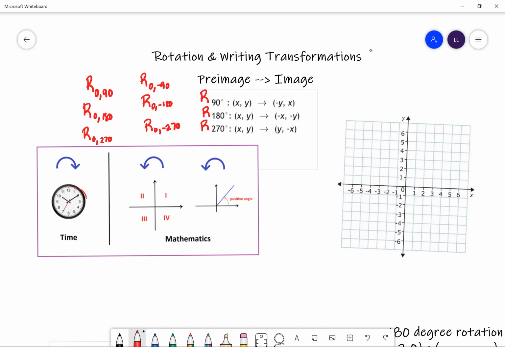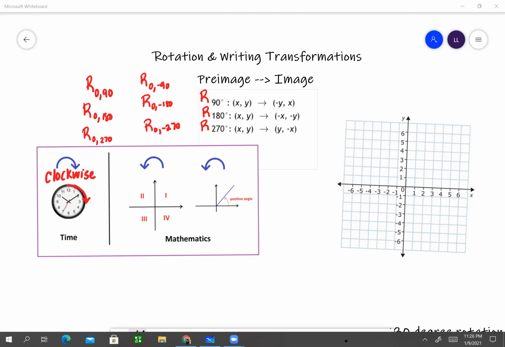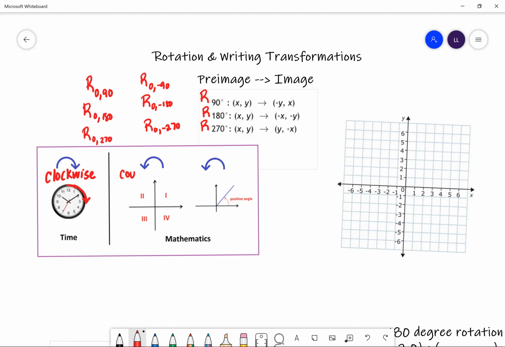This is what we consider a clockwise rotation. All right. But in math, when we're talking about angles, we actually do the opposite. We go in the opposite direction, which is counterclockwise.